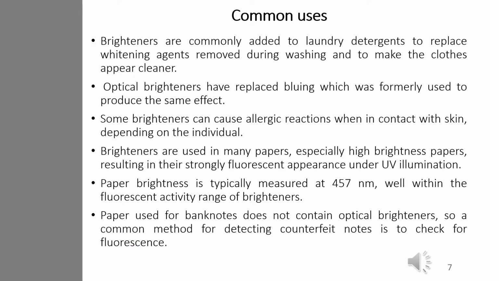Common uses. What are the common uses of optical brightening agents? Brighteners are commonly added to laundry detergents to replace whitening agents removed during washing, and to make the clothes appear cleaner. So the purpose of brightening agents is to make the fabric whiter and brighter.